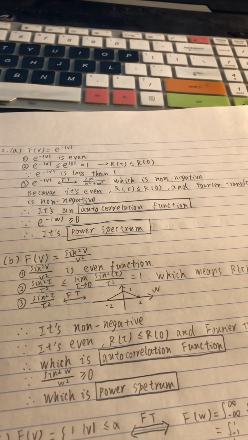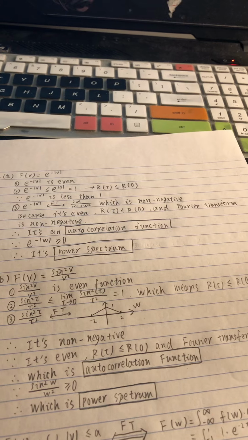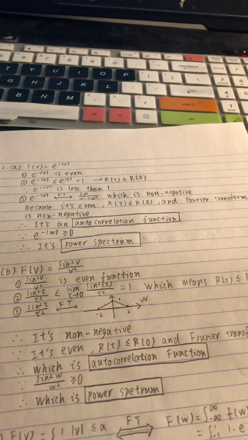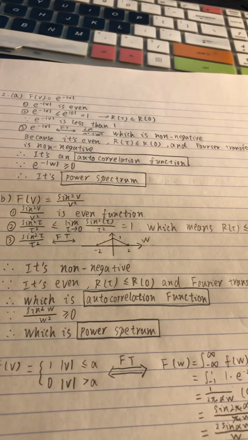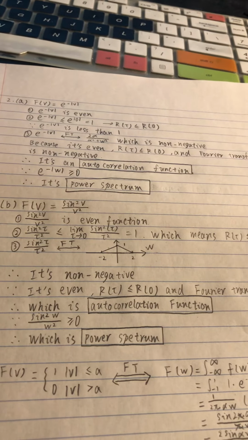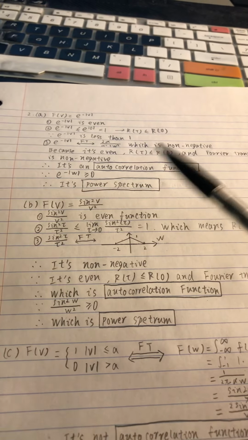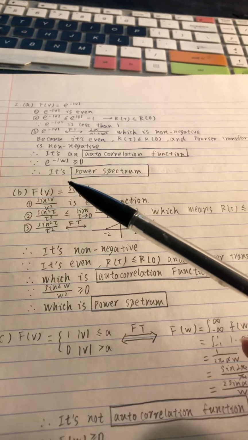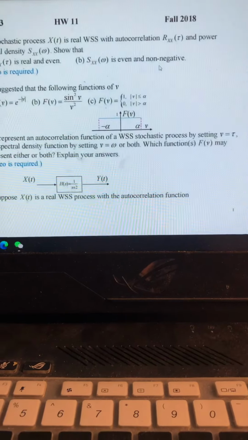So because it's even and R(tau) is smaller or equal to R(0) and the Fourier transform is non-negative, you can see it is an autocorrelation function, and because of e to the power of negative absolute value, larger than 1, we can see it's a power spectrum.